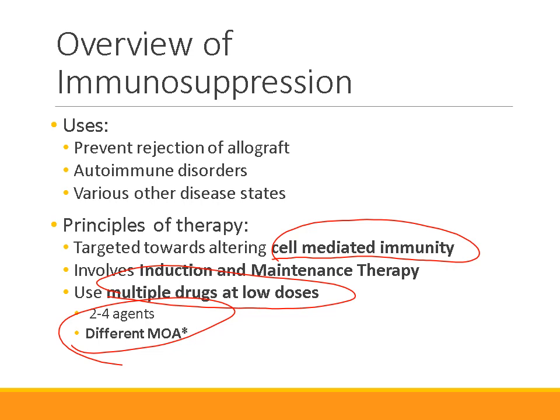We're affecting cell-mediated immunity, which is T cell activation. So there are numerous steps that are involved with T cell activation and the T cell response. So if we use, say, 3 drugs that are preventing T cell activation in different ways, we can use those drugs at lower doses and again, minimize toxicities. But it is important to choose drugs that have a different mechanism of action.